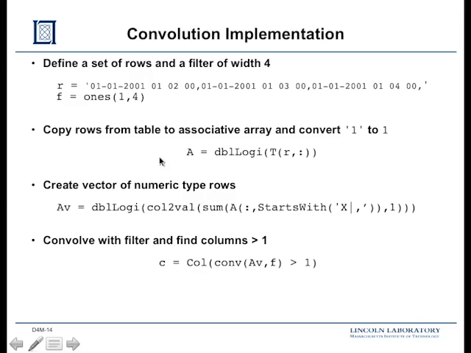I'm going to do my convolution on the X columns. So I'm getting all the X coordinates, and I'm going to sum all of those. So I basically now have all those, and now I'm going to pop those back into their values. And now I can do a convolution.